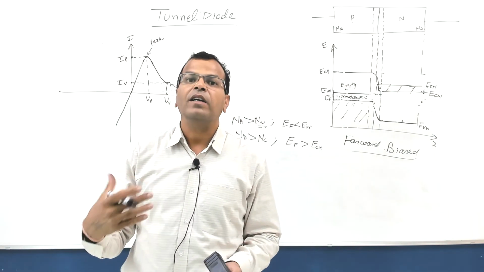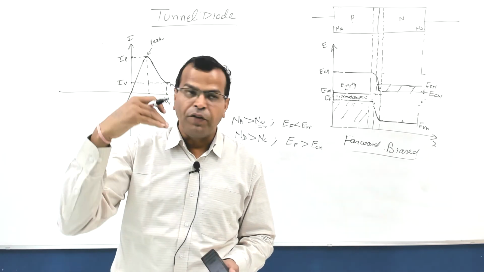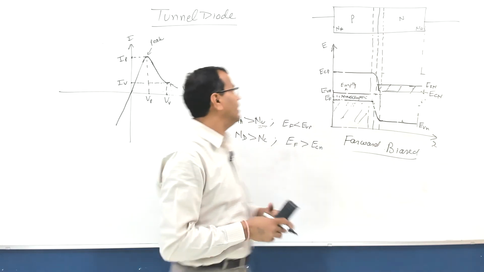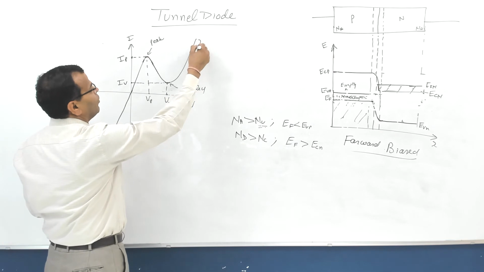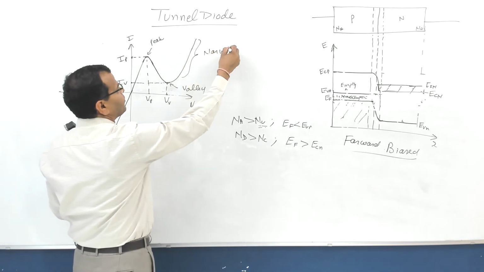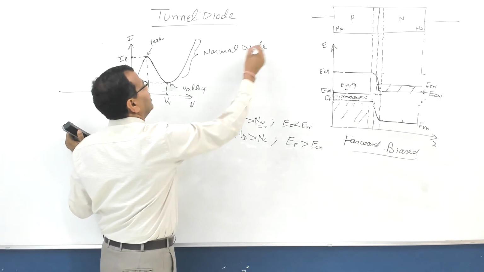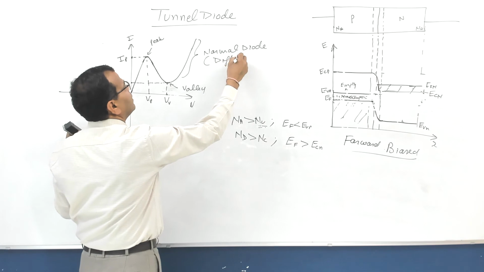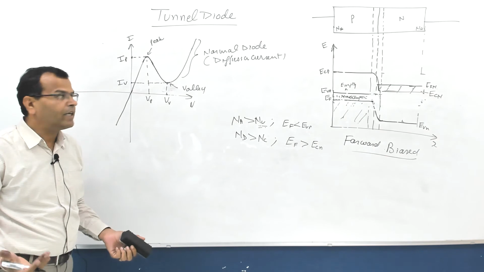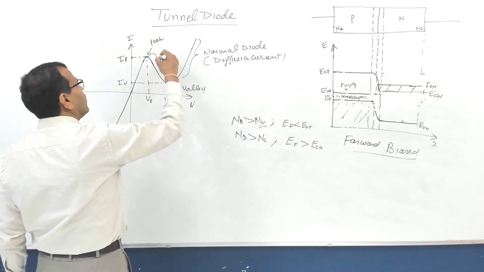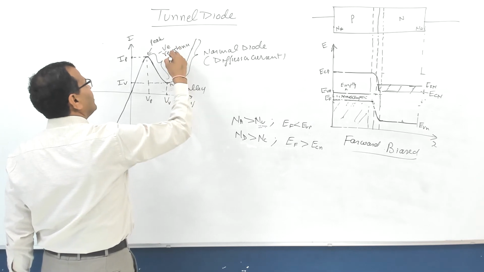So here current starts increasing because of the diffusion of the carriers from P side to N side. The diode behaves like a normal diode. This is normal diode, and it is nothing but diffusion current, diffusion of the carriers from P side to N side, and this is called the negative resistance region.